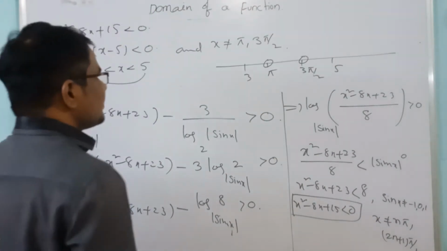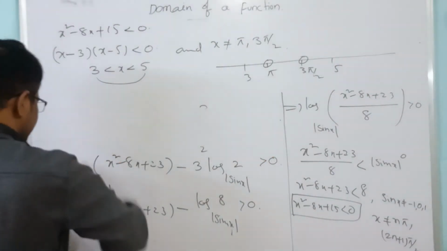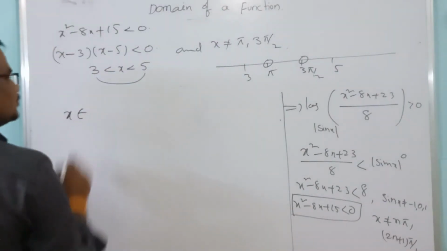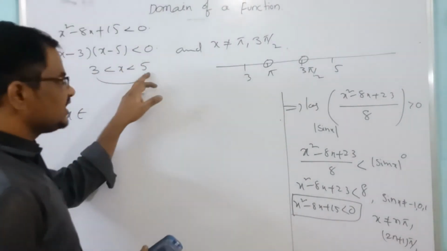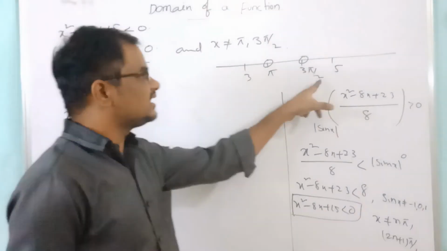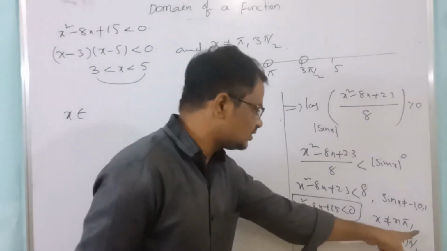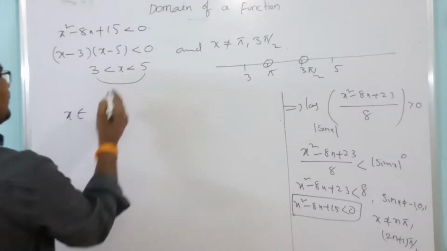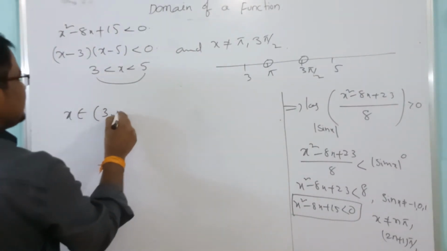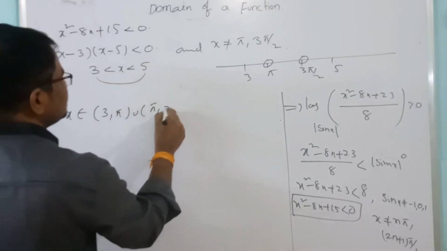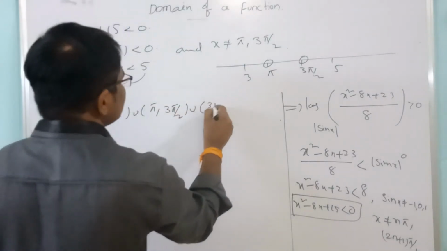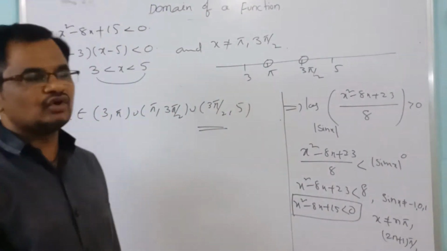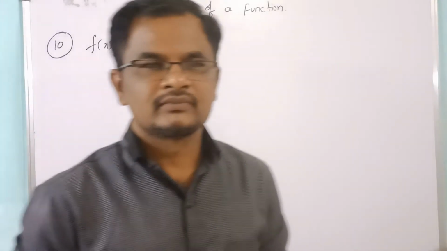The final answer is x belongs to 3 to π union π to 3π/2 union 3π/2 to 5. This is our required domain of the given function.